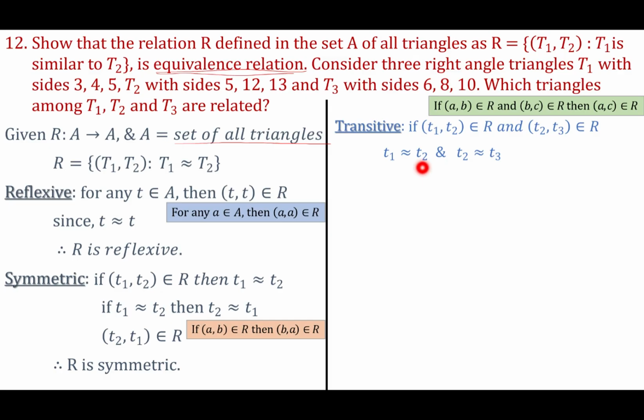If T1 is similar to T2 and T2 is similar to T3, that means T1 is similar to T3. Since T1 is similar to T3, then (T1, T3) belongs to R, which means the given relation is transitive.